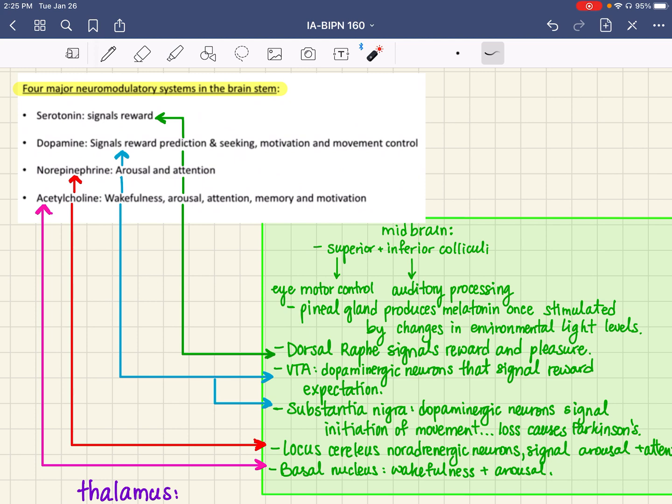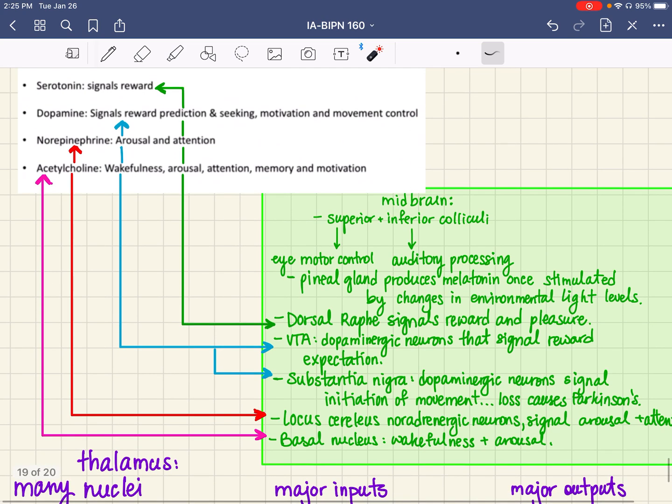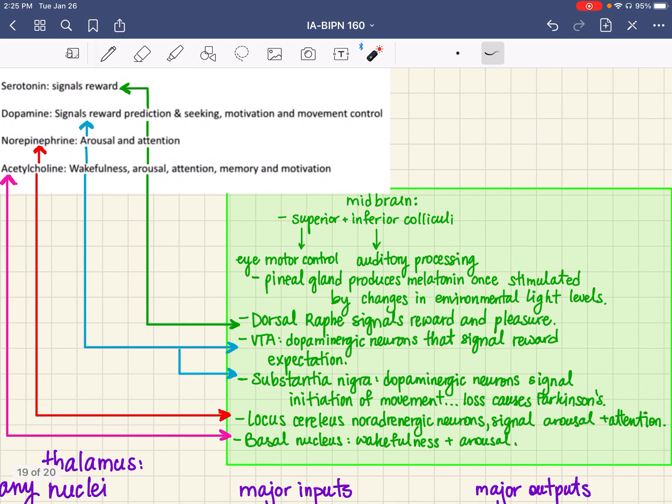So let's go over them. We have serotonin that signals reward, dopamine that signals reward prediction and seeking, motivation and movement control, norepinephrine signals arousal and attention, acetylcholine signals wakefulness, arousal, attention, memory, and motivation. Okay, and this really is just something that you have to commit to memory, or again, because your exam is open notes, just know exactly where this is in your notes.